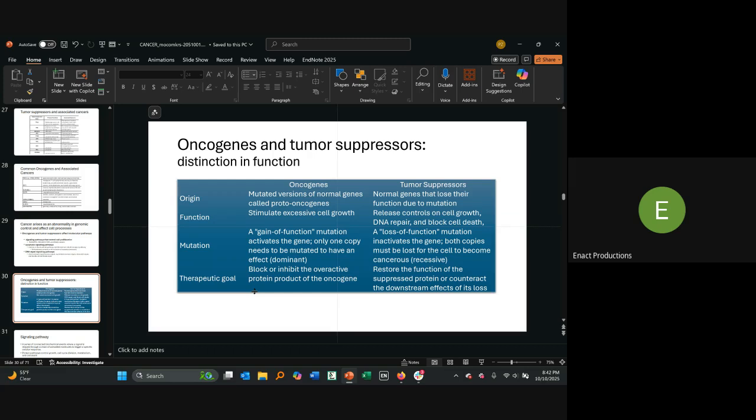Say it's like brake fluid, right? We're producing brake fluid, which you need to brake your car. As long as one of your two alleles is producing brake fluid, your car has brake fluid and can brake. Maybe not elegantly, maybe it takes longer to stop, but at least you have some basic physiologically relevant amount of that behavior.